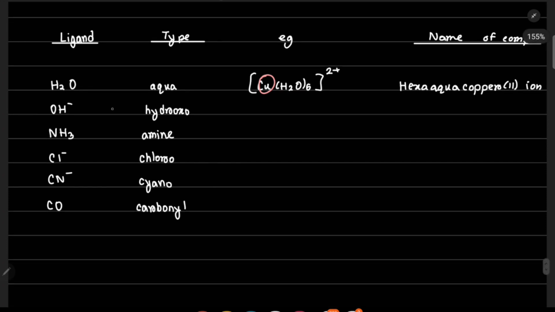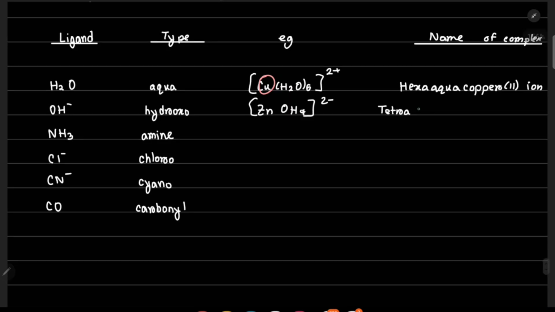An example of the presence of an OH minus ligand would be in Zn(OH)4 2 minus. Here we have 4 hydroxo groups. The prefix for 4 is tetra.